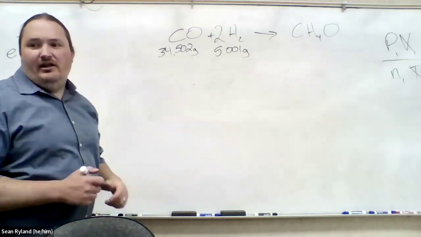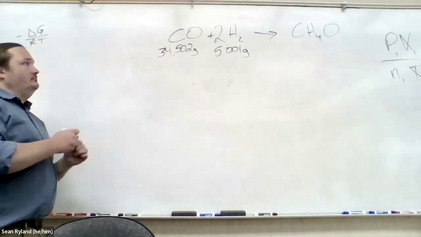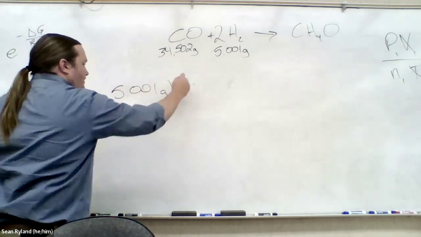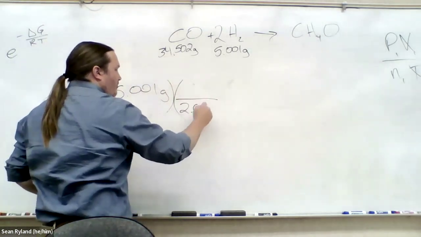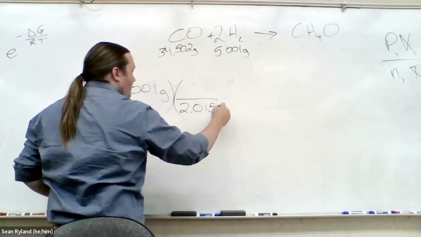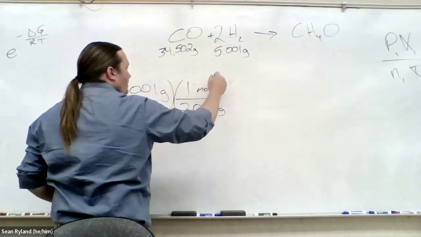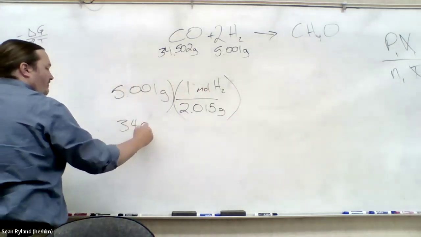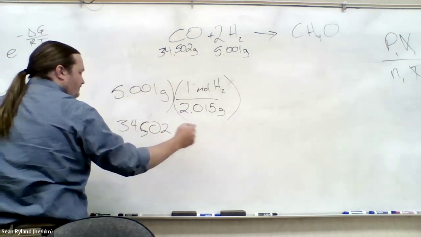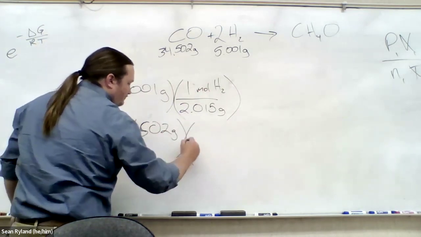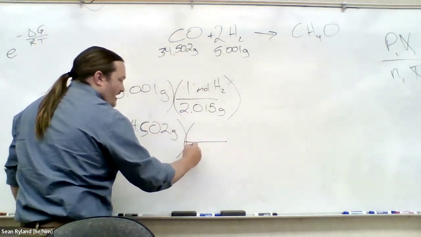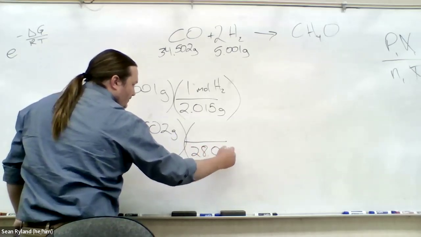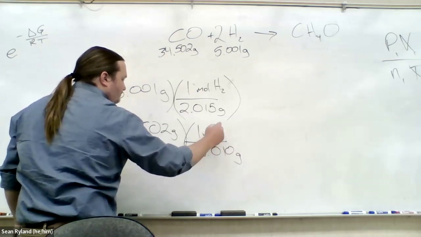Did somebody punch it into the calculator yet? 5.001 grams, every 2.015 grams is 1 mole H2. Then do the same thing here, 34.502 grams, every 28.010 grams is 1 mole.